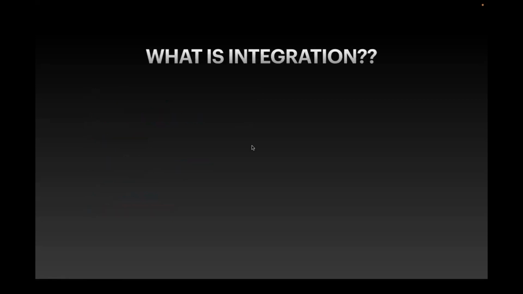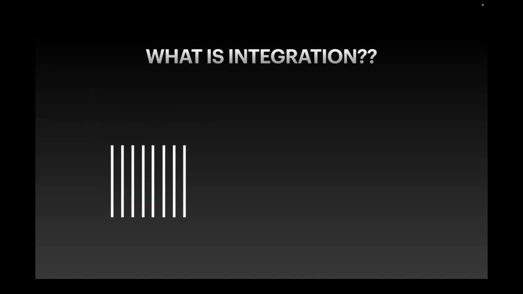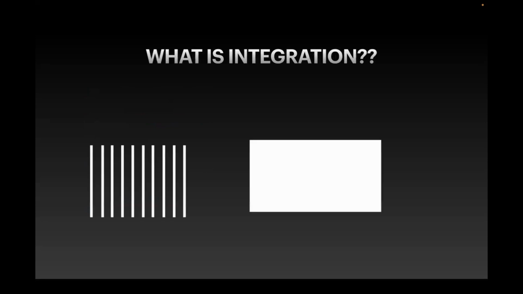Next, what is integration? Let us see now. Assume you have a large amount of infinite sticks. The process of converting these large amount of infinite sticks into a rectangle or any certain shape of its kind is called integration. Basically, you have a large amount of small tiny sticks.